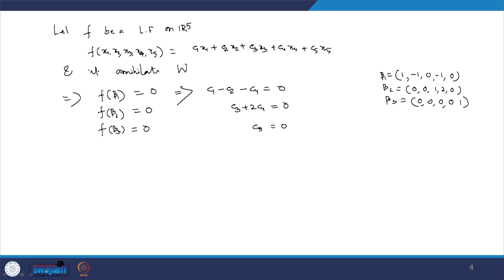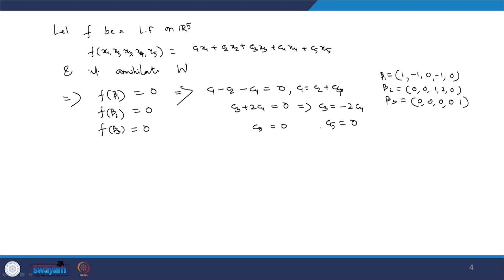So, now I have to solve this system to get the solution. This implies that C3 is equal to minus 2 C4 and C1 is equal to C2 plus C4, and C5 equal to 0.